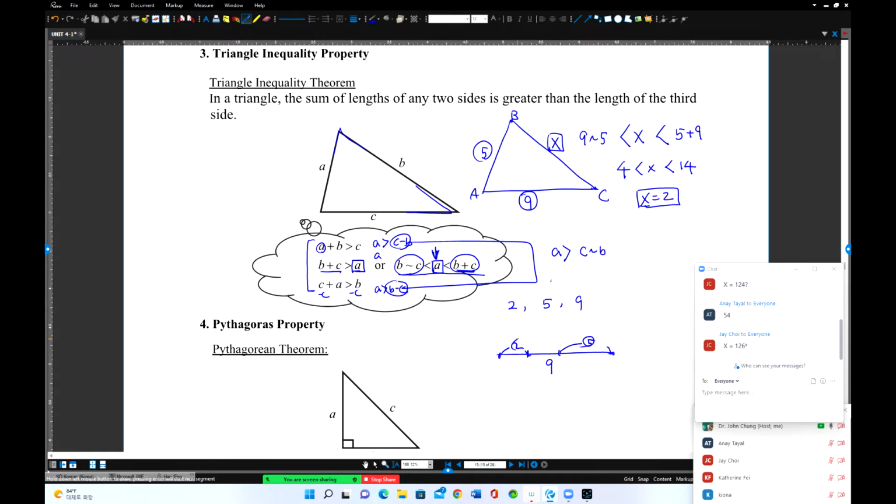Total is 7, and they don't meet. They never make a triangle. To be a triangle, 2 and 5 must be greater than 9. So you have to memorize the formula.